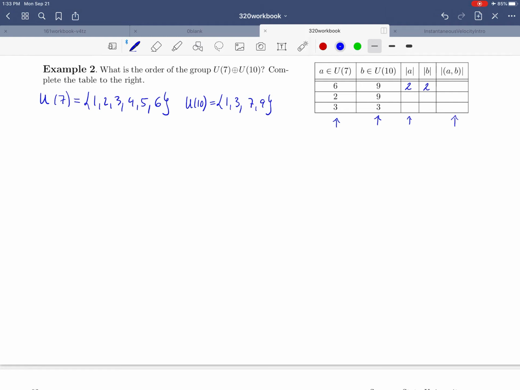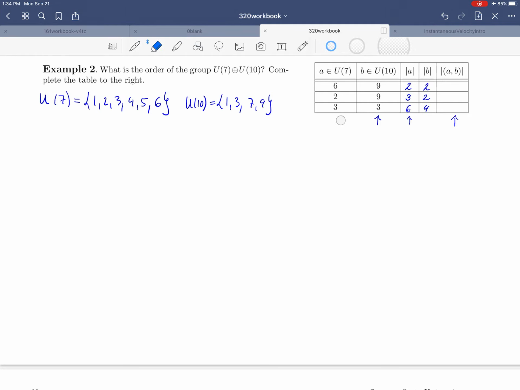The order of 2 in U7 is 3, the order of 9, still 2. The order of 3 in U7 is 6, and the order of 3 in U10 is 4.